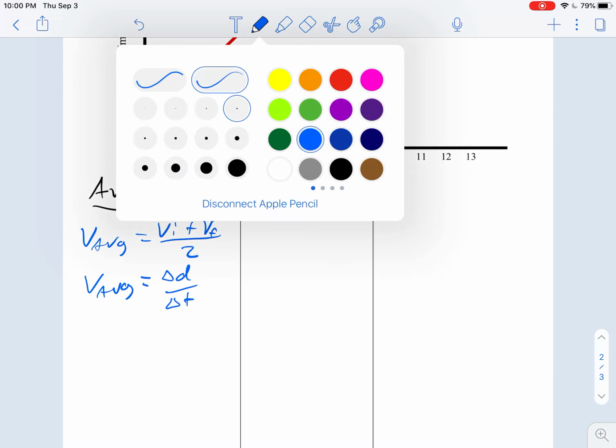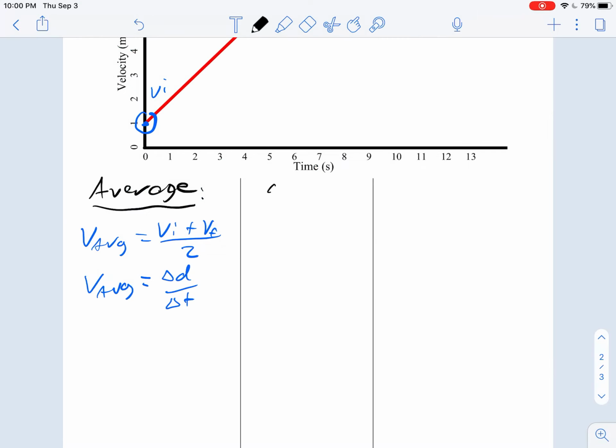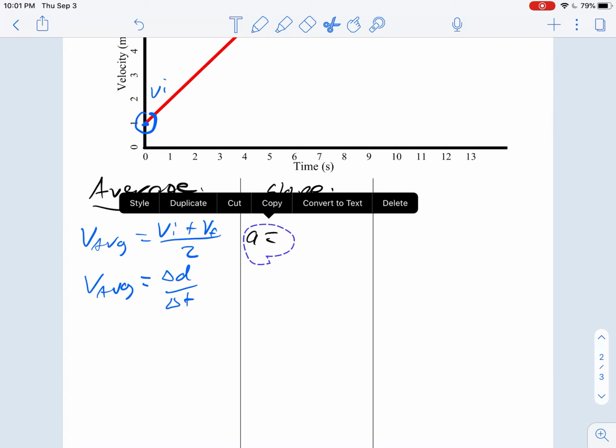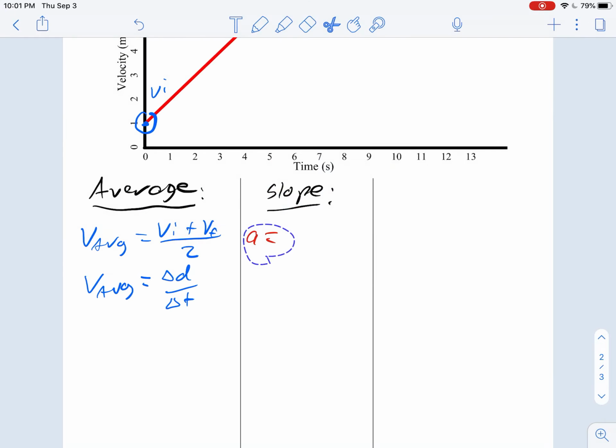If I look at the slope of the graph here, well, I'm still looking at the acceleration. That's an important point: the slope of a velocity-time graph tells us the acceleration. We have a constant positive slope, and so we have a constant positive acceleration. Let's make that red, just to match what we were doing before.